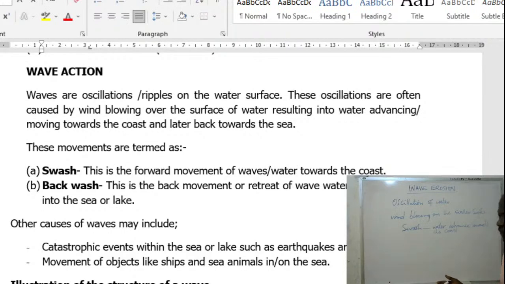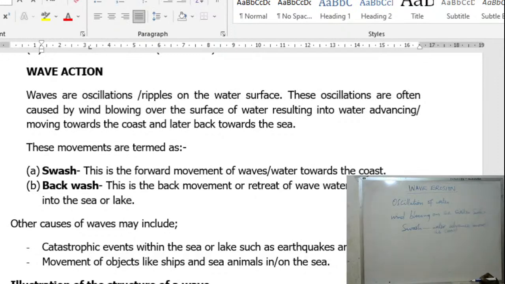You may even feel it is pronouncing the word swash. So it continuously moves towards the coast. So the forward movement of water towards the coast from the sea or from the lake is what we are calling a wave swash or a swash.